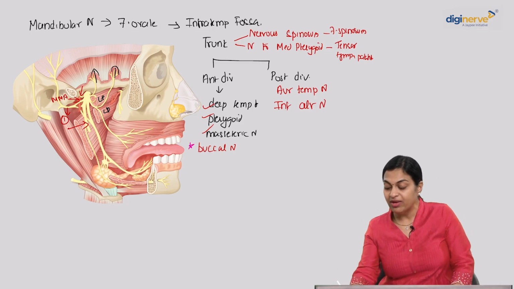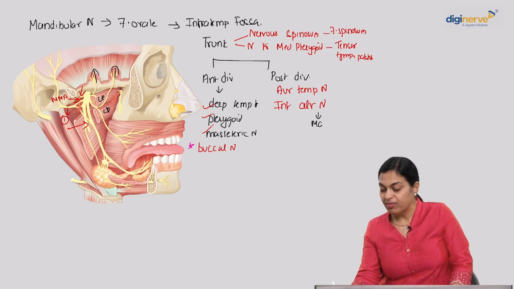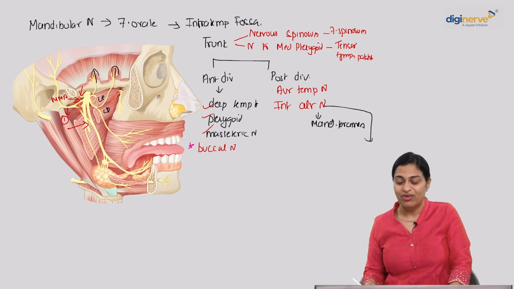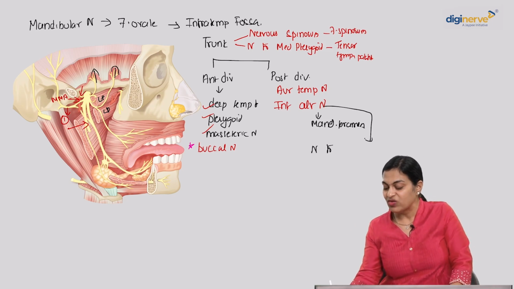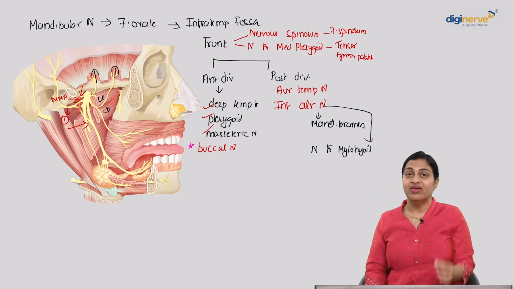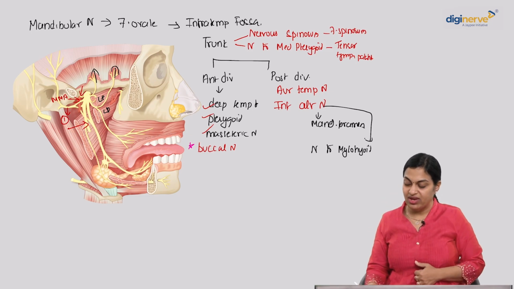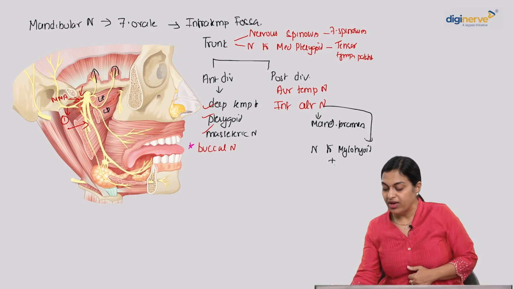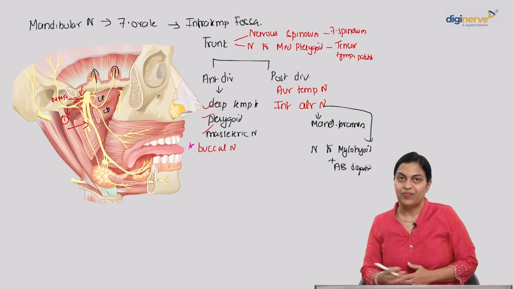It enters the mandibular foramen in the mandible. Before it enters the mandibular foramen, it will give rise to the nerve to mylohyoid, which pierces the sphenomandibular ligament. It supplies mylohyoid plus the anterior belly of digastric.